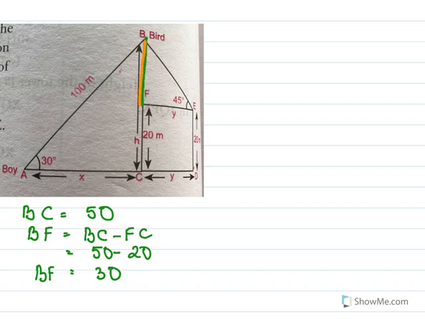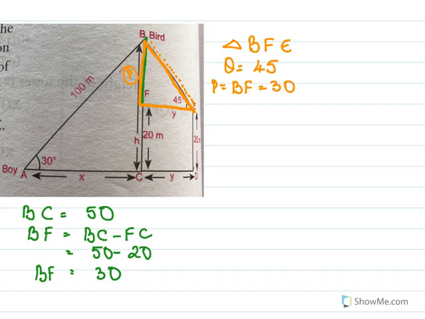Now I'm going to take up the other triangle here, this triangle. That is triangle BFE. And remember, this is my question. I have to find the distance between the bird and the girl. So the theta is 45. Here I know the perpendicular. Perpendicular is BF, which I found is 30. And I need to find my hypotenuse. Hypotenuse is BE. Now perpendicular and hypotenuse, I need to use sine theta.